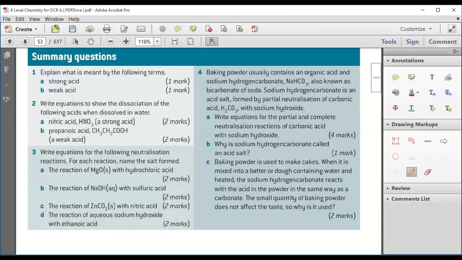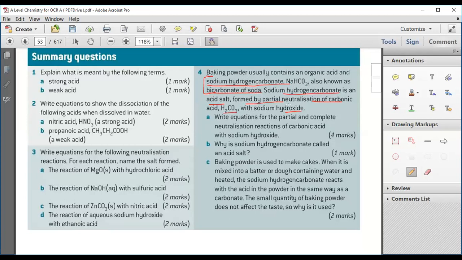The baking powder usually contains an organic acid and sodium hydrogen carbonate, also known as sodium bicarbonate or bicarbonate of soda. It's the same thing. Sodium hydrogen carbonate is an acidic salt formed by the partial neutralization of carbonic acid, H2CO3, with sodium hydroxide.